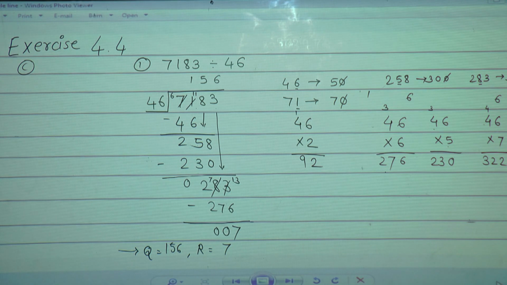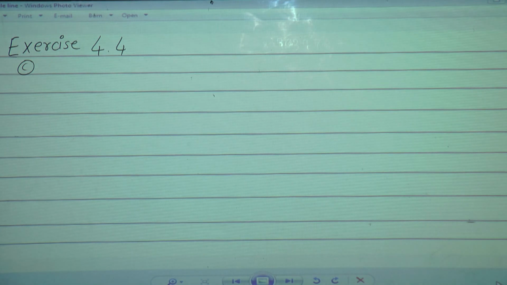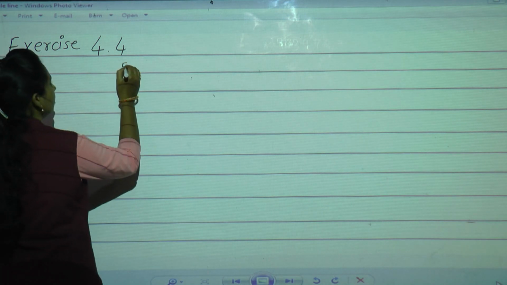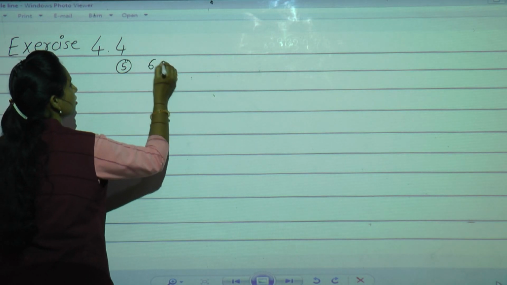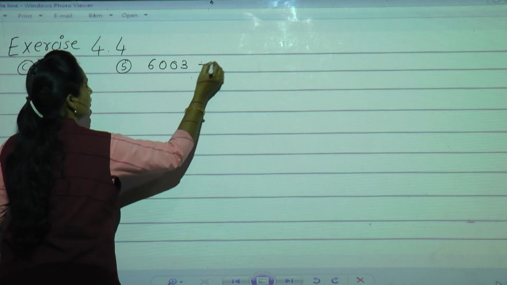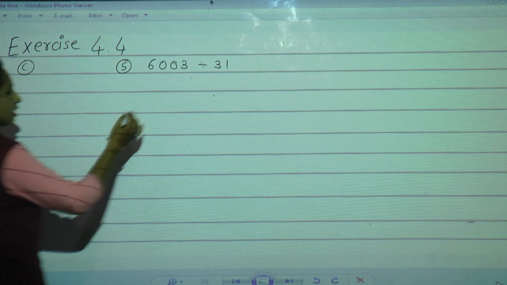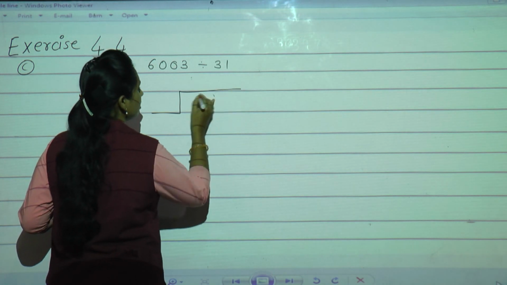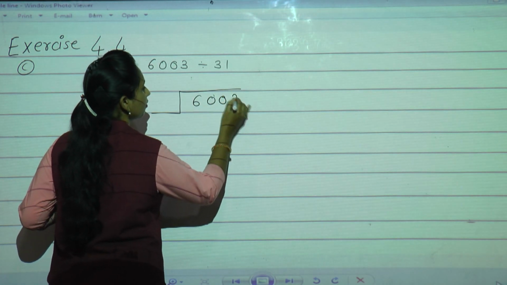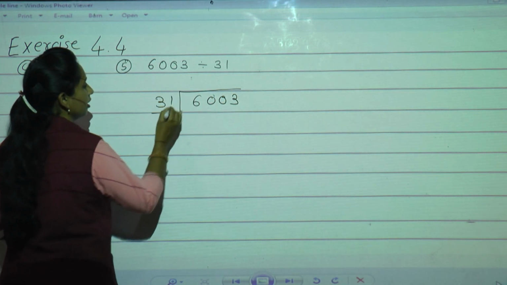Now we will solve fifth one. What is the fifth one? 6003 divided by 31, isn't it? Now we will see. We will write this number 6003, 31 divisor.